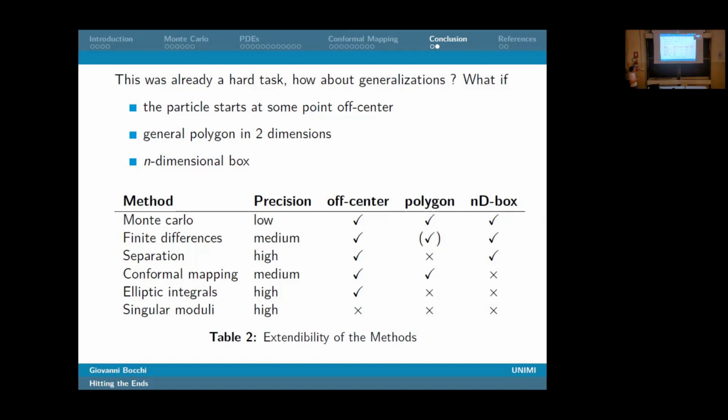And the other 2 approaches that we didn't see, which both lead to high precision, in particular with singular moduli that are particular solutions of these elliptic integrals of the first type, we could get a closed form solution for P, obtained by the product of some radicals.